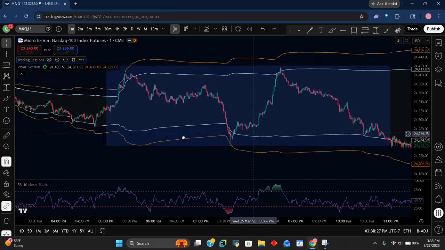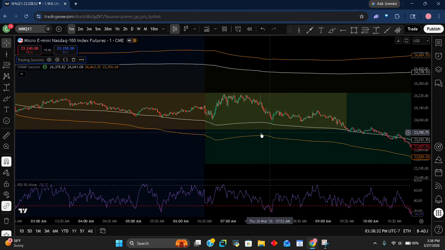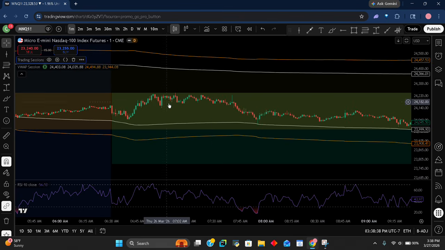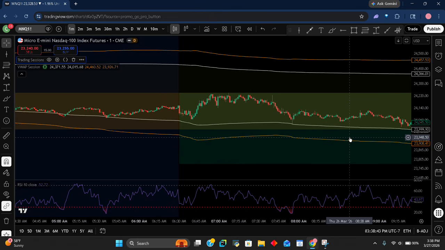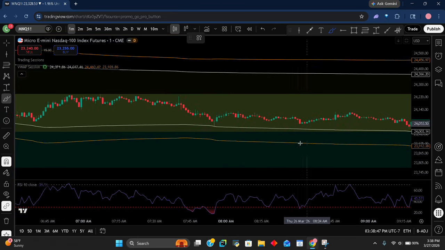Now let's look at the next day. Obviously, like every strategy, it's not perfect. Nothing can truly be perfect, and this is just an example of when it is not perfect. Price is pretty choppy here and isn't really moving as much as it was on the 25th, because now this is March 26th. Here we have our bounce.